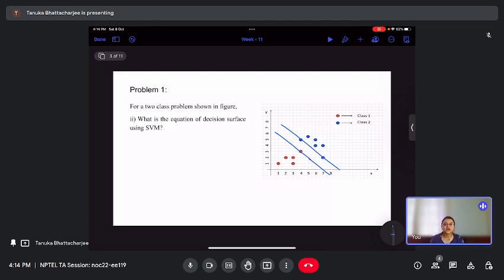Now, we need a decision surface which maximizes the distance from the support vectors of both the classes. I am saying the distance only for the support vectors, because the others do not finally matter. So, you will have to have a decision boundary with maximum distance from the support vectors of both the classes.